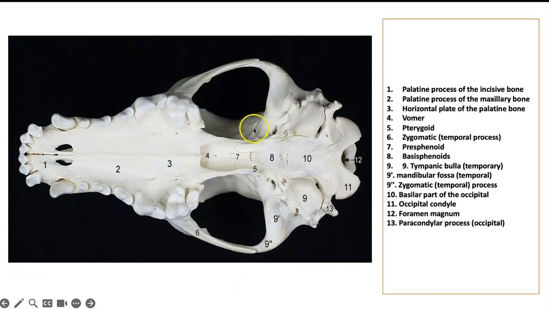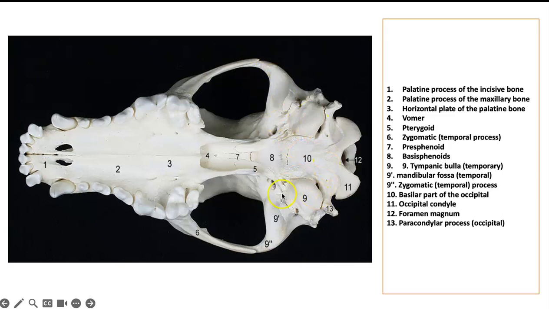Now the ventral view to see also the incisive bone, and don't confuse yourself between number 2 and number 3. Number 2 is the palatine process of the maxilla. However, number 3 will be the palatine bone. You can see also the vomer bone here. You can see also here the presphenoid and the basisphenoid, and also the basilar part of the occipital bone.